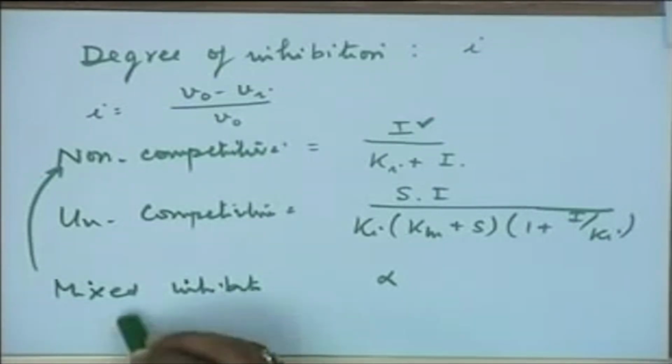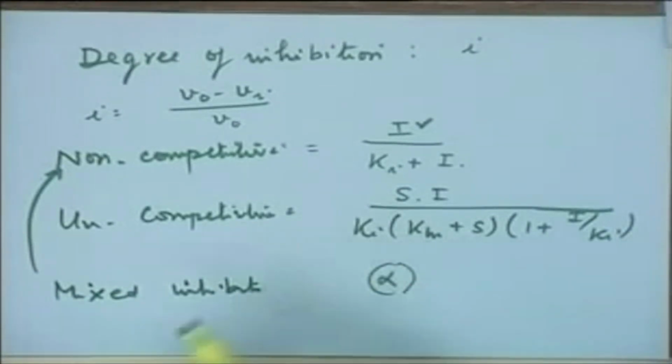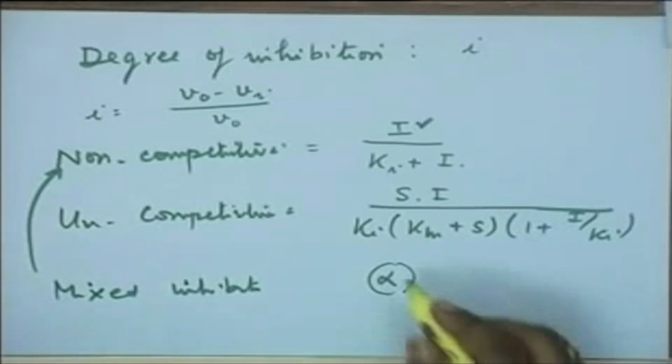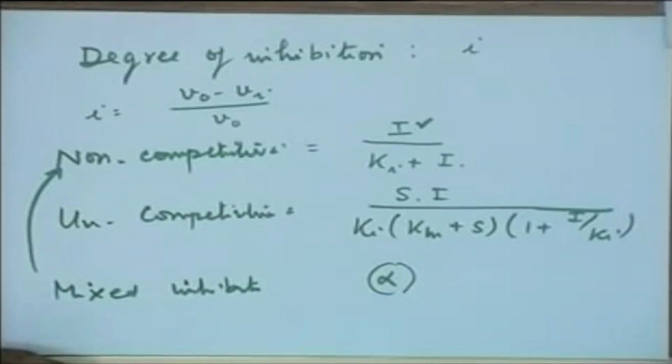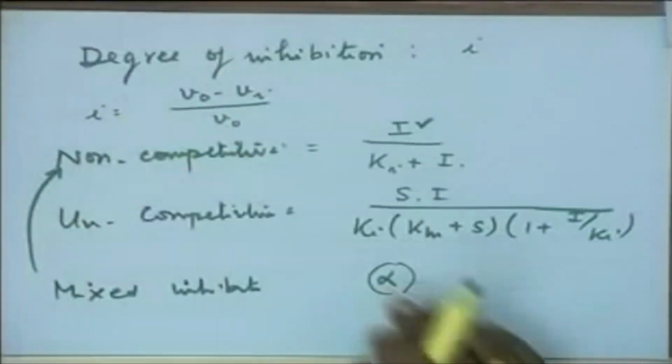But in the case of mixed inhibition, the magnitude of inhibition will be dependent on the ratio of the dissociation constants for the free enzyme and the enzyme substrate complex with the inhibitor, and alpha will determine the magnitude of the degree of inhibition.